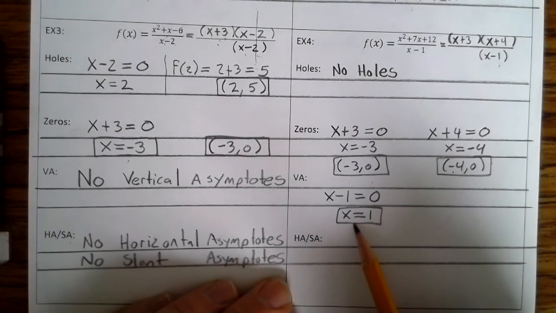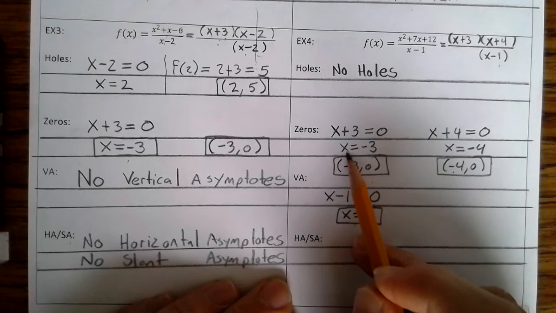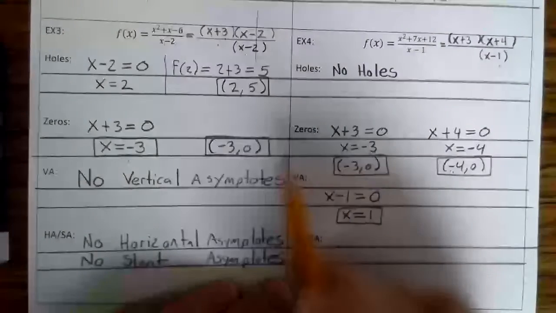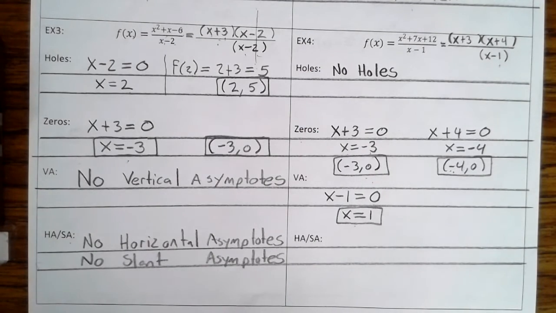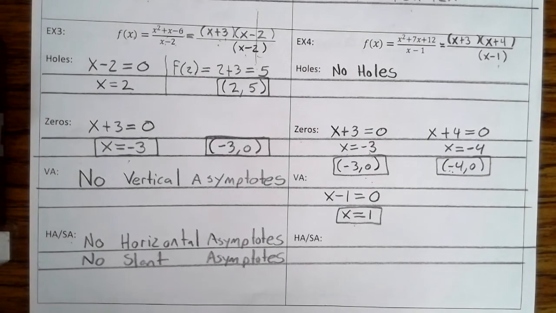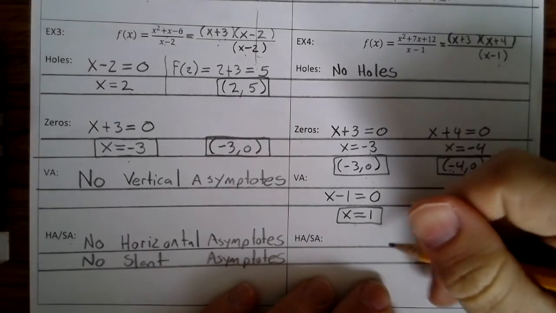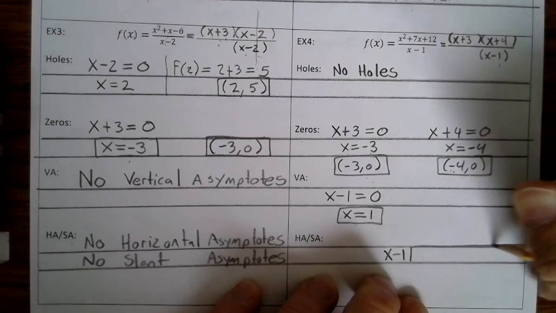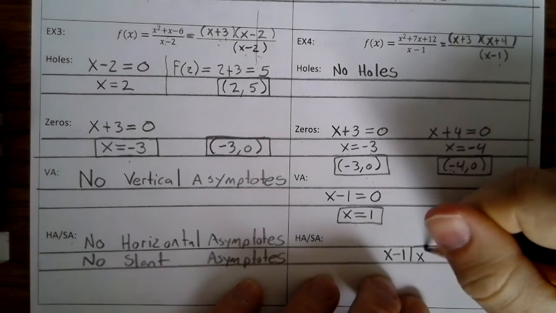Okay? All right. Now for a horizontal or slant asymptote, we divide x minus 1 into x squared plus 7x plus 12. So ask yourself, well, what do you multiply x by to give you x squared?